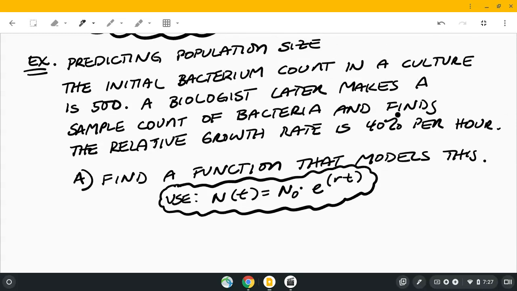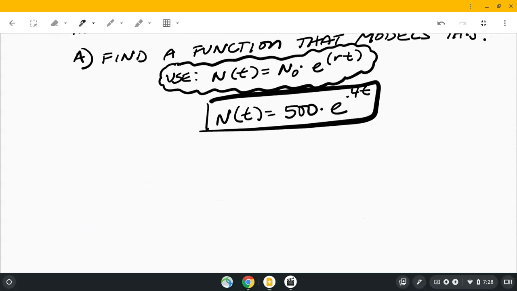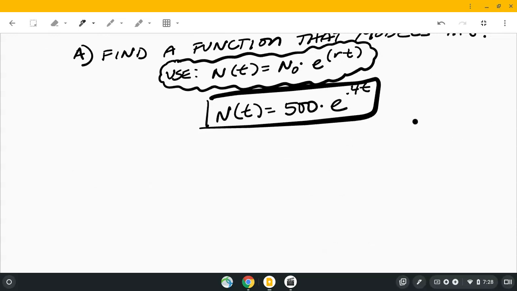Initial count is 500, so 500 will go right there. The relative growth rate is 40%, so 0.4 times t. Okay, so here is your function. To write this function, we needed the initial amount and the relative growth rate, which we have.